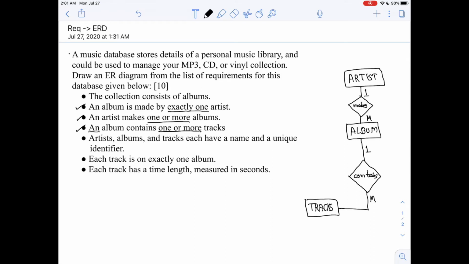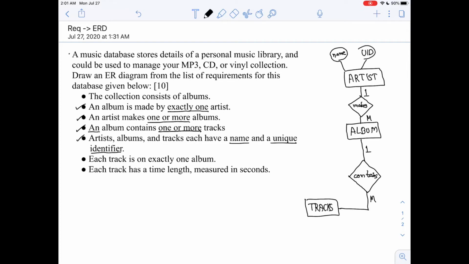So next line, artists, albums and tracks each have a name and a unique identifier. So name and unique identifier are the attributes of the previous three entities that we found out about. So an artist will have a name and a unique identifier.